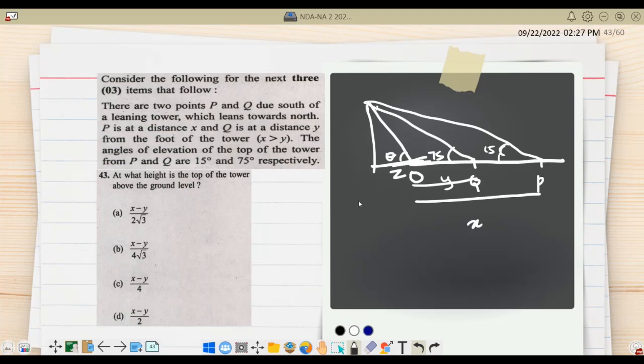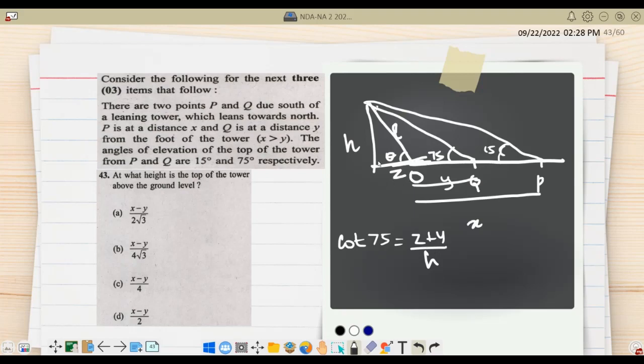To solve this, we take cot 75, which is z plus y, adjacent by opposite. We take the length of the tower to be h. Right. So z by h plus y by h.